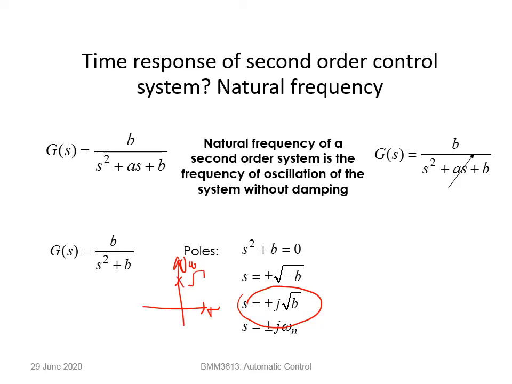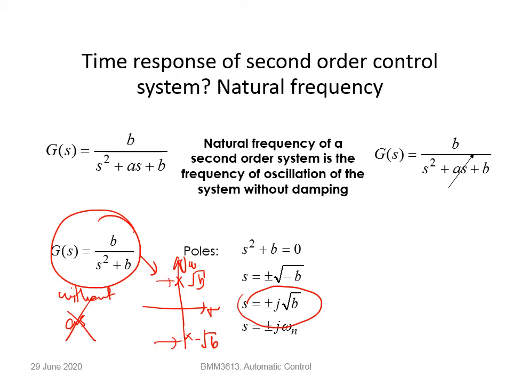We will have square root b over here, and we have minus square root b here. So these are the poles of this new system without as.